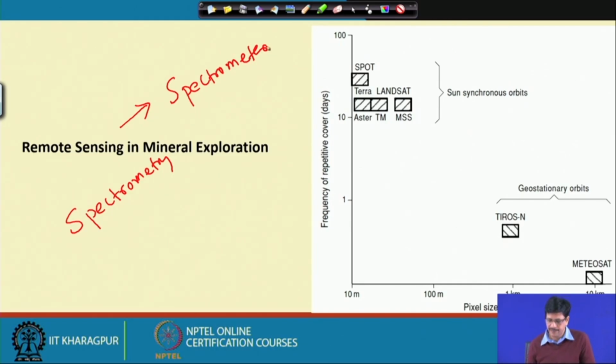Here on this diagram it gives us an idea. These remote sensing satellites were launched way back in the mid 70s, starting from the Landsat series. The MSS is the multispectral scanner, and the TM is the thematic mapper. ASTER is the advanced spaceborne thermal emission and reflection radiometer, and SPOT is a French satellite.